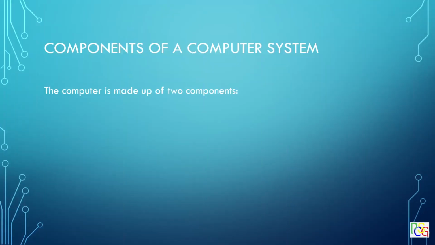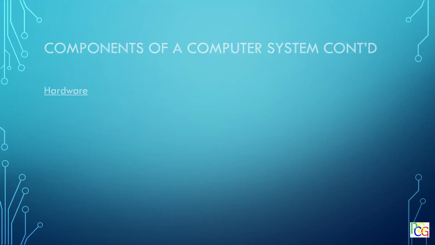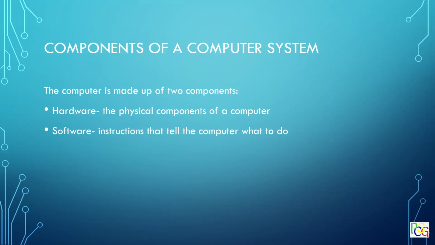So the computer is made up of two main components: the hardware, the physical components of the computer, and the software, the instructions that tell the computer what to do. You can't have a computer with just hardware because it will just be a pile of physical equipment with no use. And you can't have software without hardware because you'd have nothing to run it on.